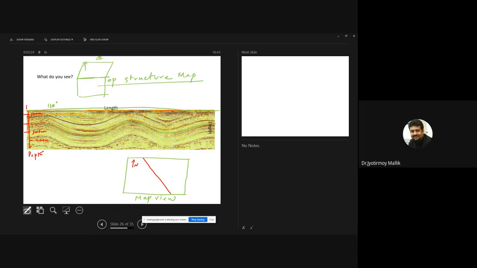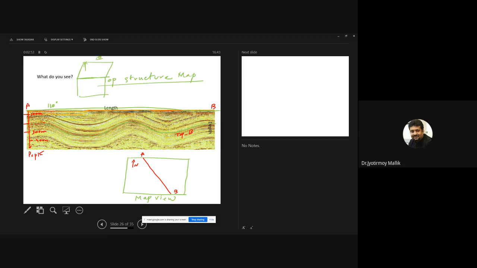And this is point A, this is point B. And suppose this particular reflector that we are interested in is called top B. I just named this reflector top B.